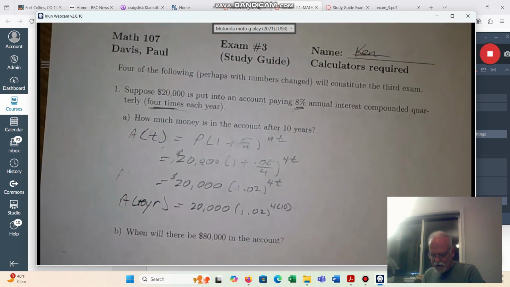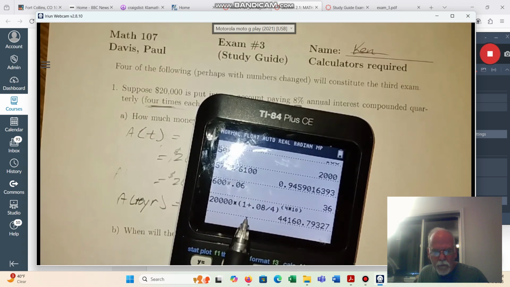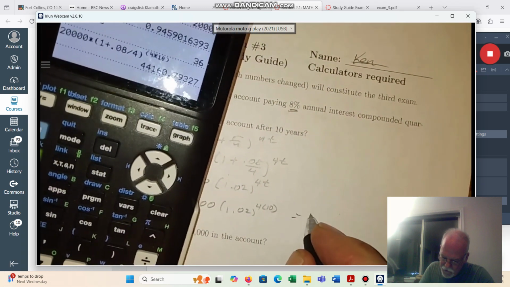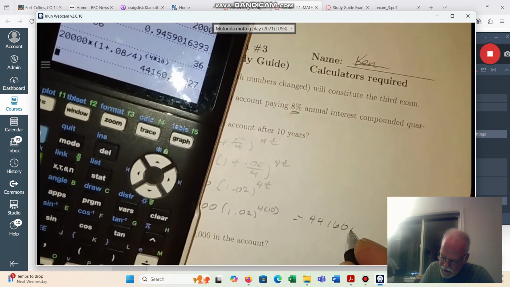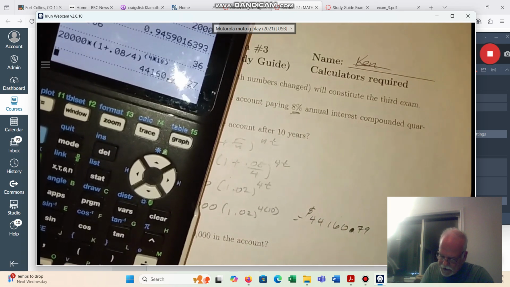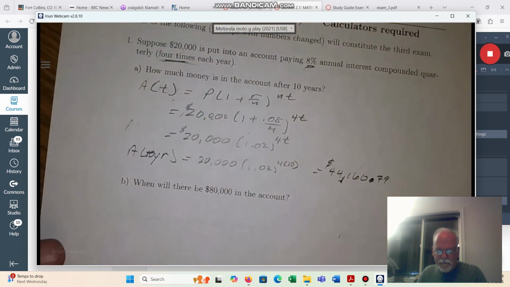Now I have that in the graphing calculator right here already typed in: 20,000, 0.08 divided by 4, times 4 times t, and I got $44,160.79. I'll make that decimal place bigger and put a comma there to make it handy. So that's how much we will have.